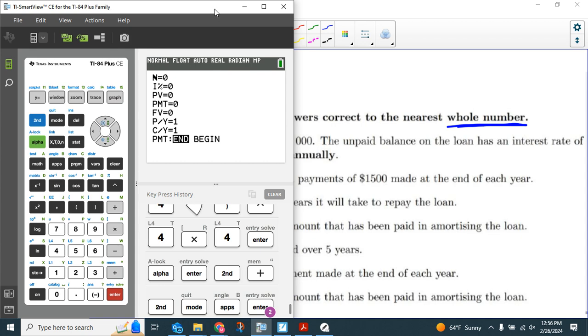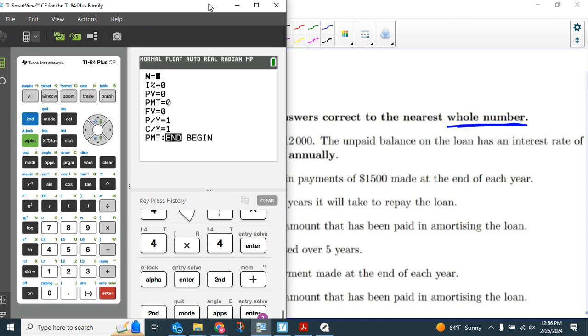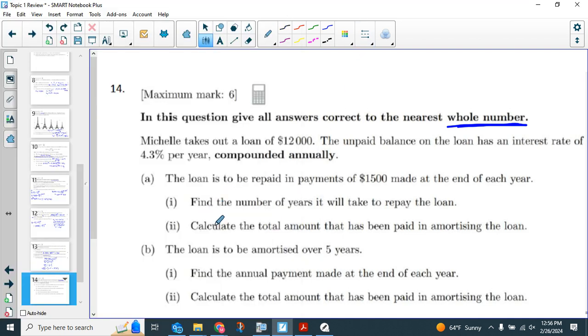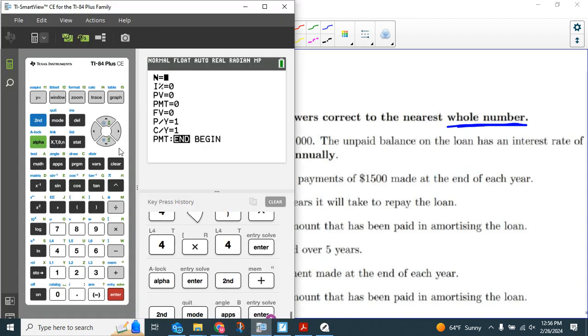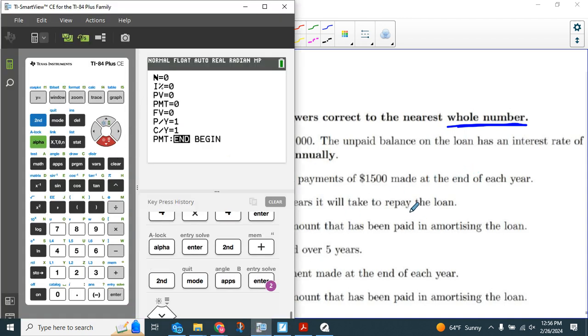Now it's asking us to find the number of years it will take to repay the loan. She's only making one payment per year, so once we know the number of payments, that's also going to be our answer. We don't know the number of payments, so we just leave it, whatever it is for the time being.